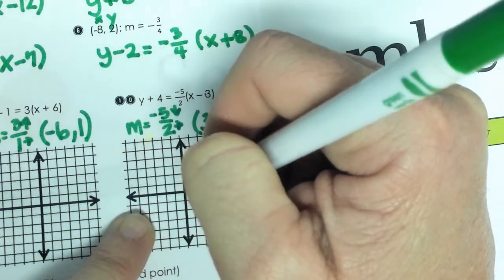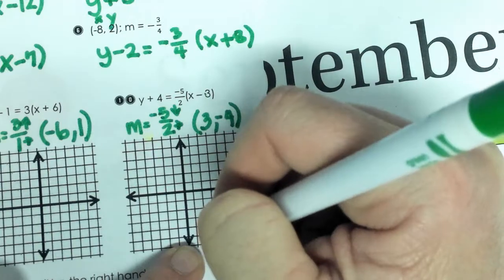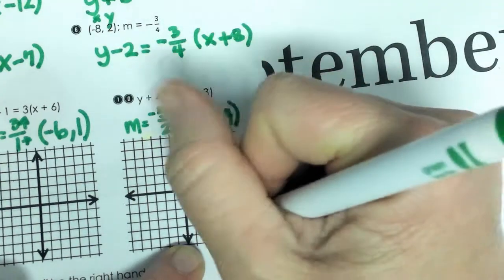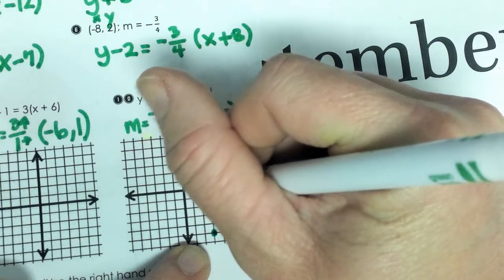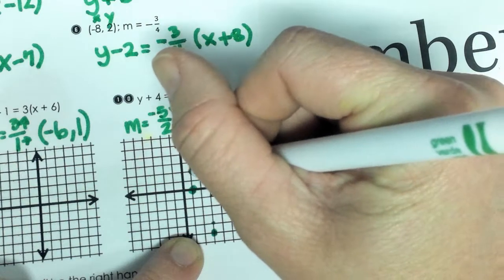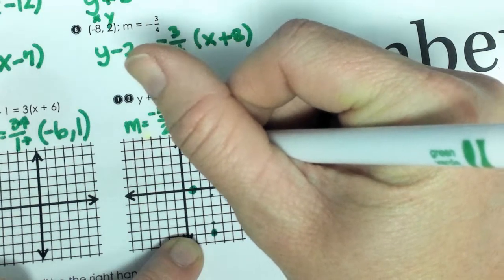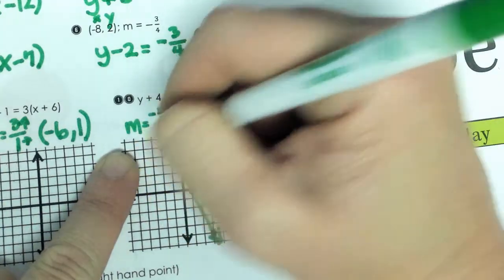So starting at (3, -4), well, I'm supposed to go down 5, but I can't go down 5. So this time I'm just going to start going backwards, up 5, and then over 2 to the left, and then I'm going up 5, and then 2 to the left. So my graph would look like this.